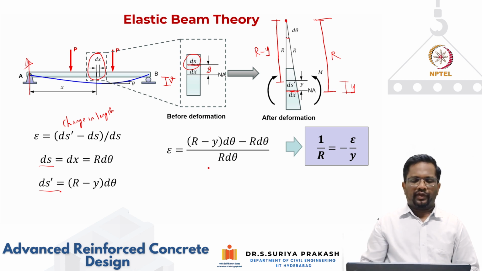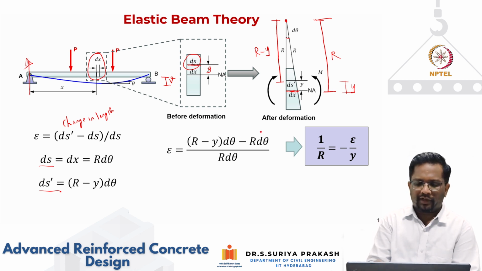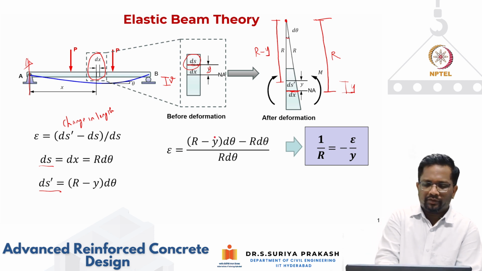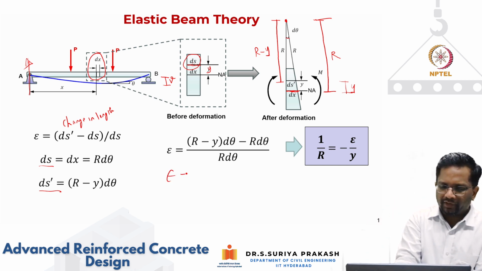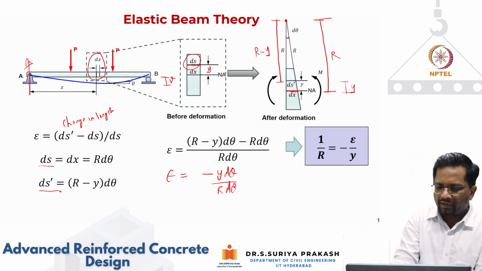If you simplify, r d theta will get cancelled, and epsilon is nothing but minus y d theta by r into d theta. So d theta will get cancelled.